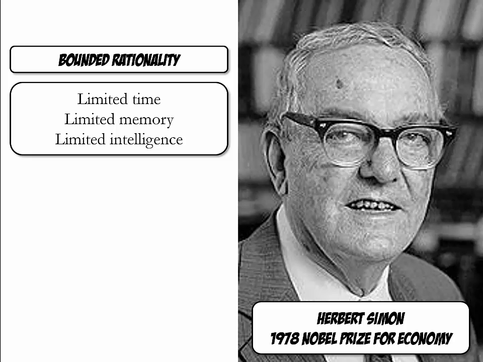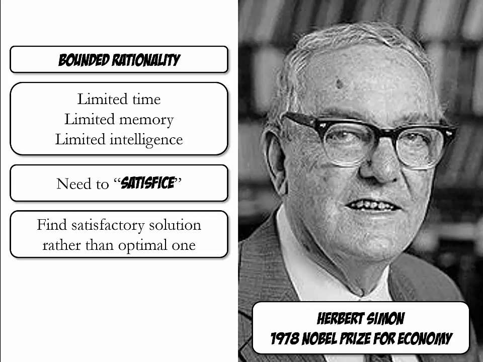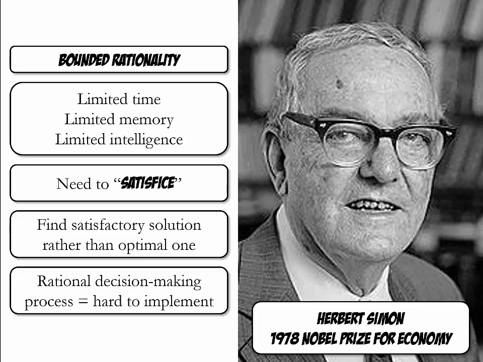In addition, there are also limitations to our intelligence. So the fact that we have limited time, limited memory, and limited intelligence means that we have to satisfice, which means we have to find a satisfactory solution rather than an optimal one, because indeed, the rational decision-making process is hard to implement. This concludes the first lecture in the decision-making lecture series.